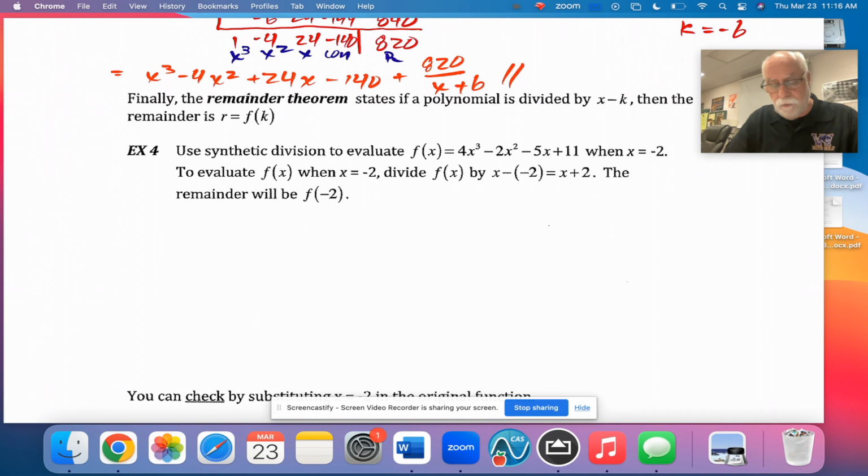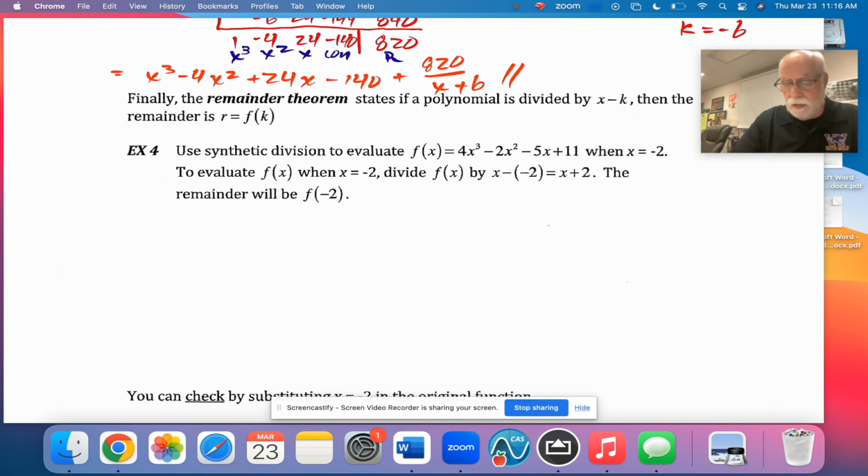So finally, the remainder theorem states if a polynomial is divided by x minus k, then the remainder is r. R stands for remainder, and it equals f of k. So we're going to just kind of see what it means by that.